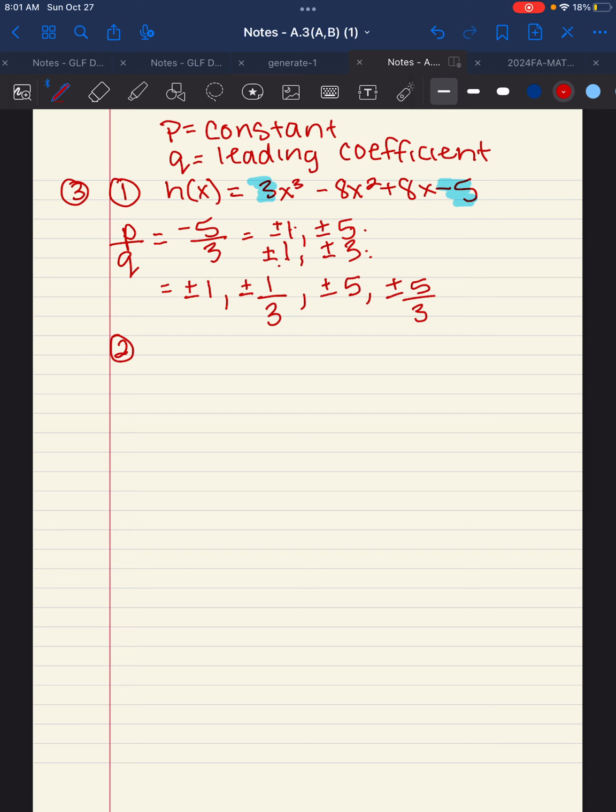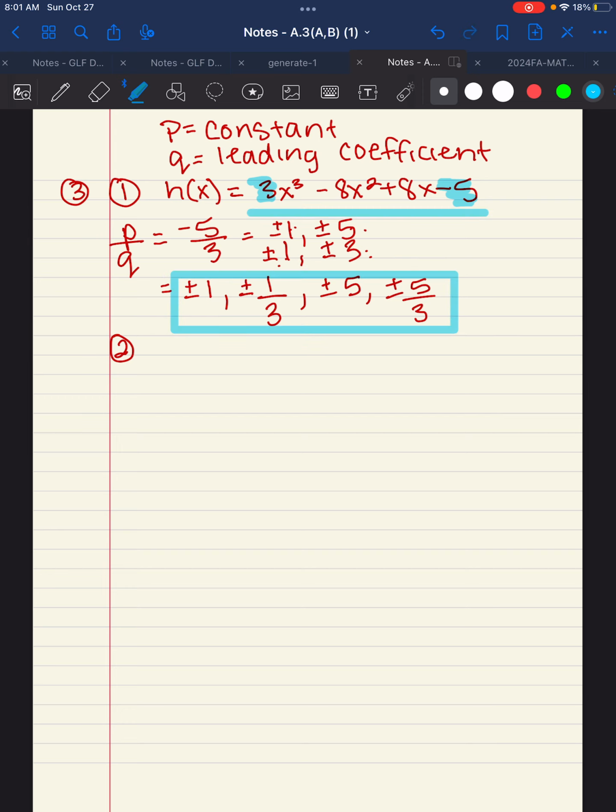Synthetic division, we're going to take each one of these and divide them by our equation. We have positive 1 divided by 3, negative 8, 8, and negative 5.